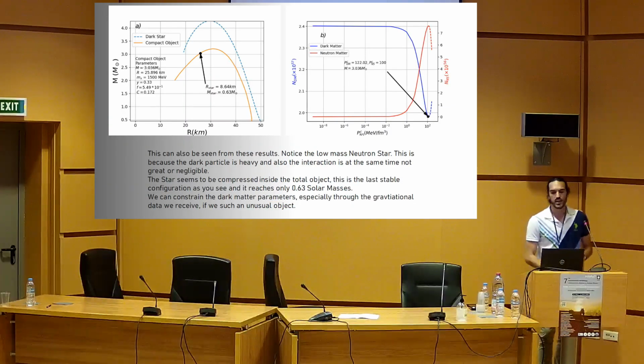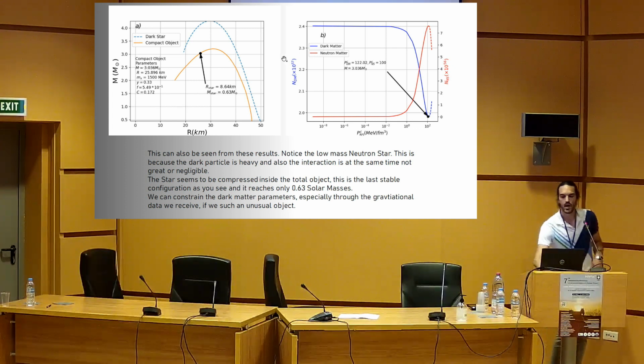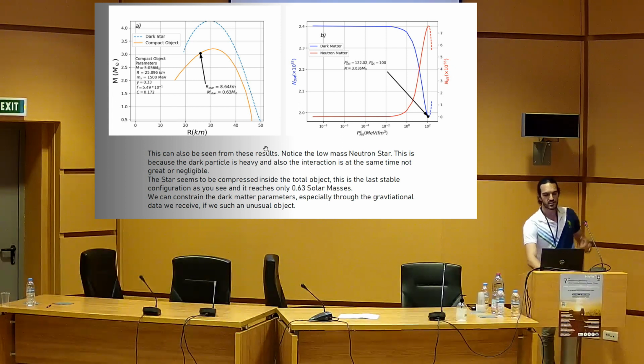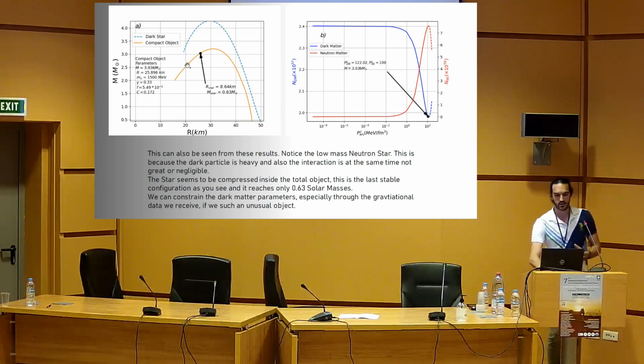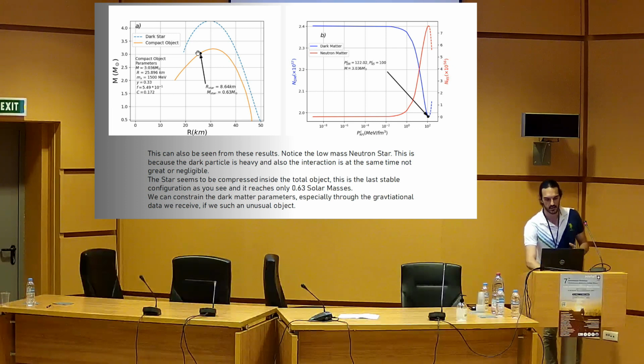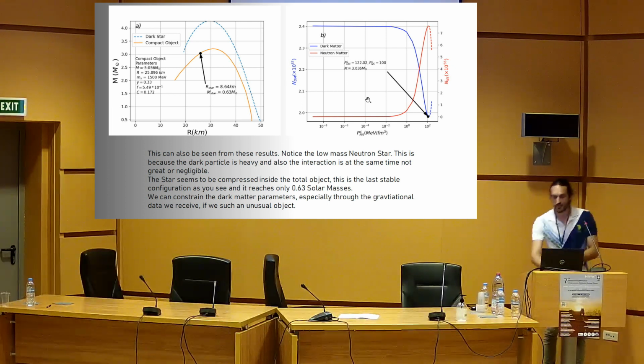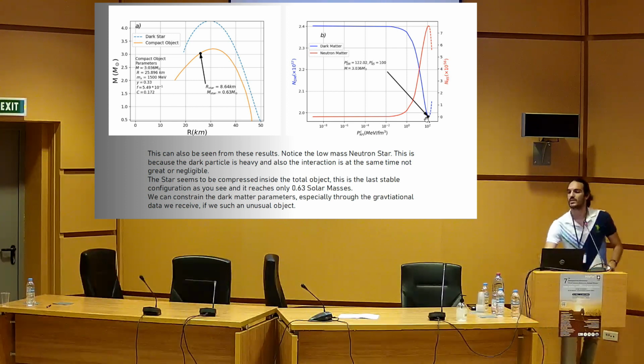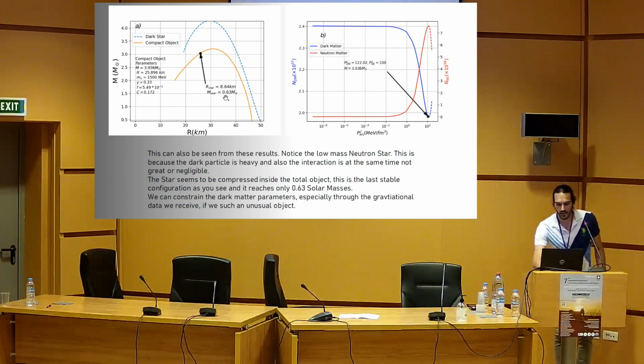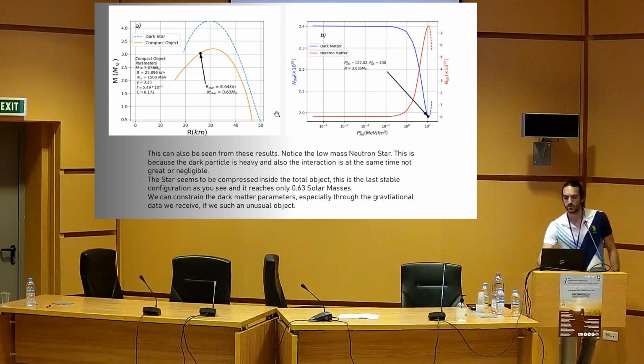But if we go ahead and increase the dark matter particle mass to, let's say, 1.5 GeV, we can see, and this is a typo, sorry, it's 0.03, not 0.33, I'm sorry. We can see that we can, in fact, get a compact object inside the mass gap region, you see, of 3 solar masses, but the very last stable configuration that we can receive is of 0.63 solar masses and 8 kilometers long.